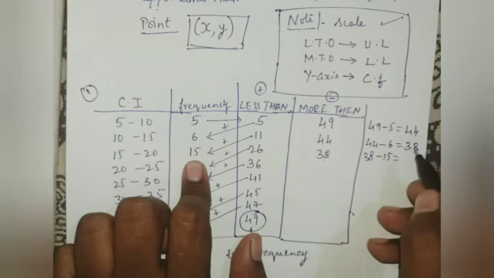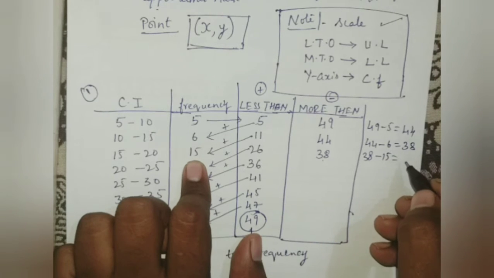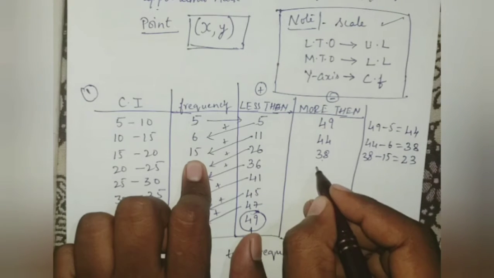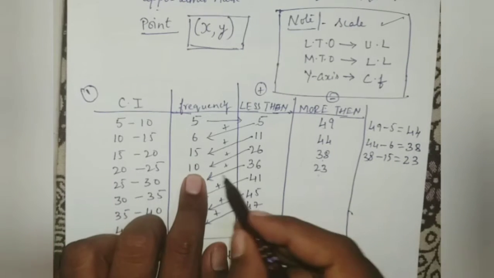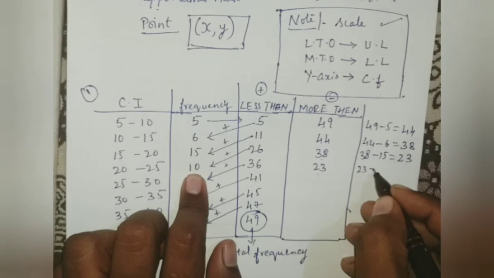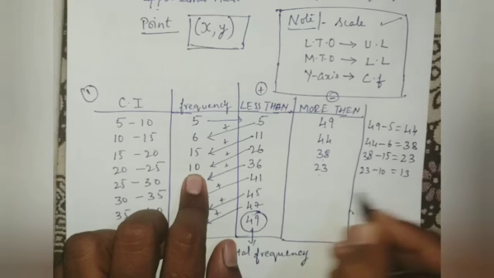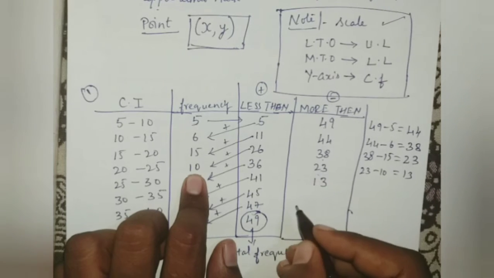Got it? Okay. So what is 38 minus 15? Subtract it, you will get the answer. It's 23. So next answer I got is 23. Next, 23 minus 10 is 13. So I get answer 13.